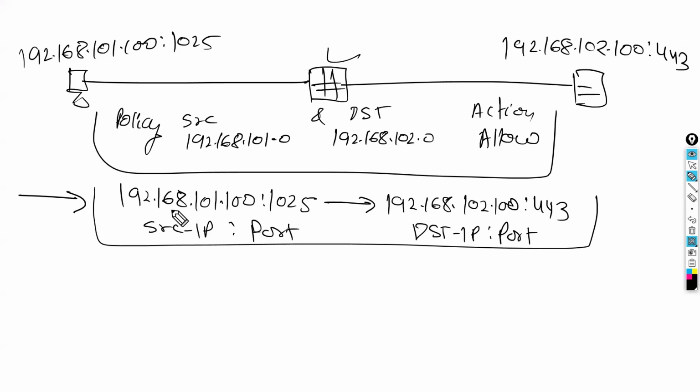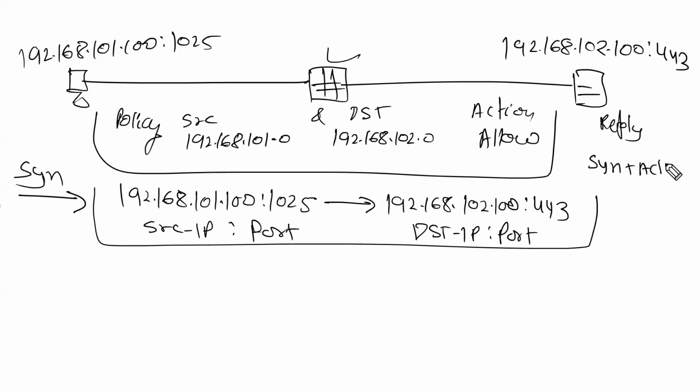So this is the entry: source IP, source port, destination IP, and destination port. The packet goes outside in SYN format. In reverse, the reply comes as SYN plus ACK.